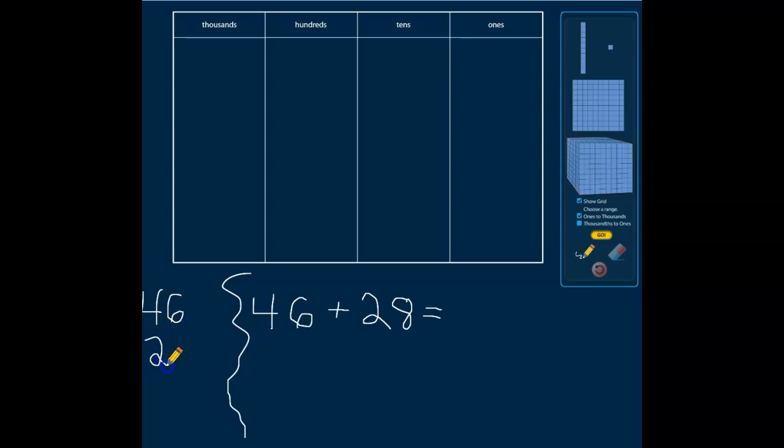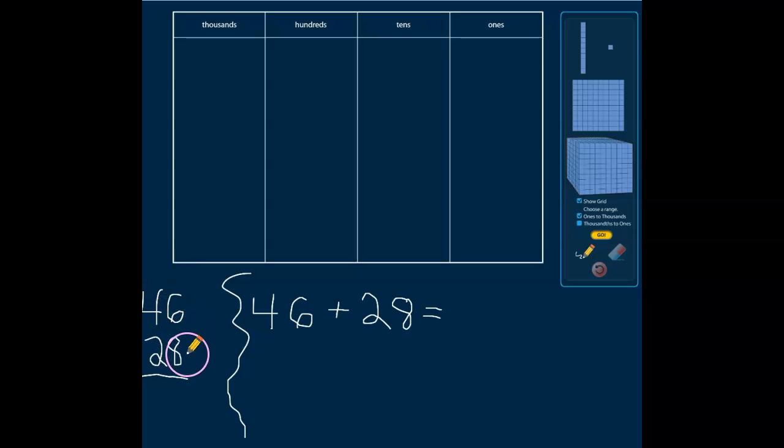So here we go in working form. 46 plus 28. You know what I like to think of when I see that line? It's kind of like the equal sign, but longer. So instead of having equals this way, we put them together and it makes a longer line. I like to think of it that way. That way I remember that this line means equals.